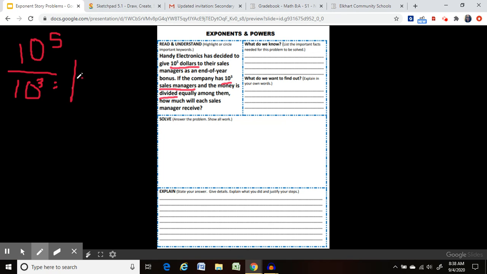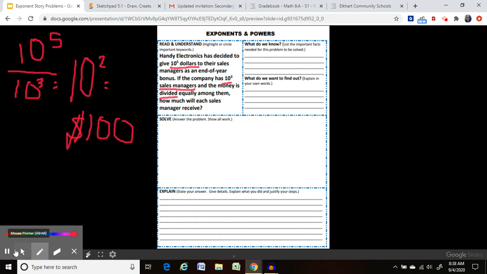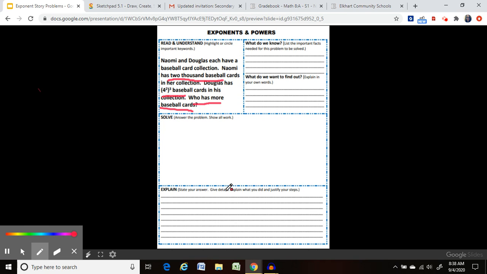Keep the base, subtract the exponents. And then 10 squared, each sales manager gets $100. What a bonus.